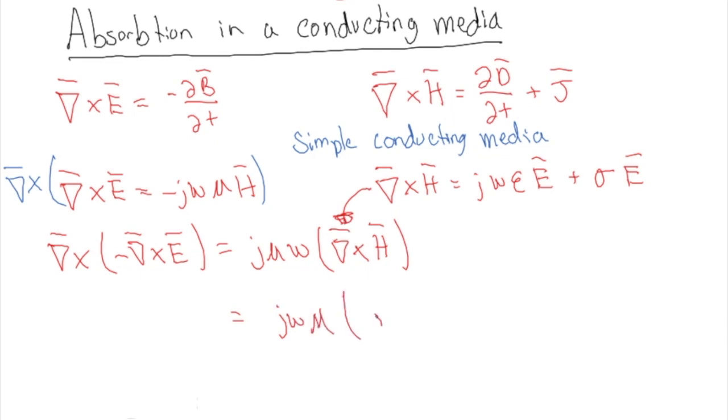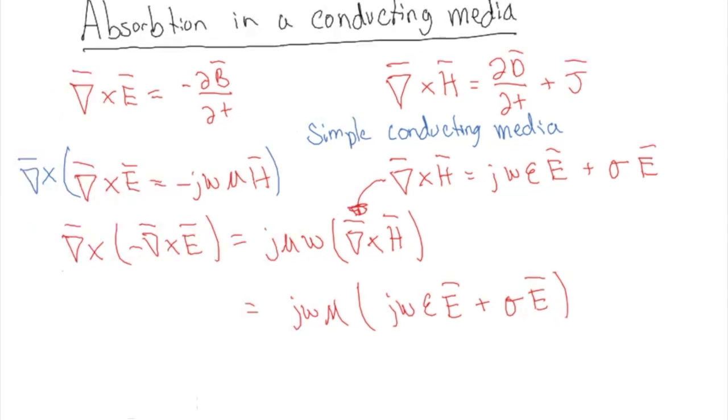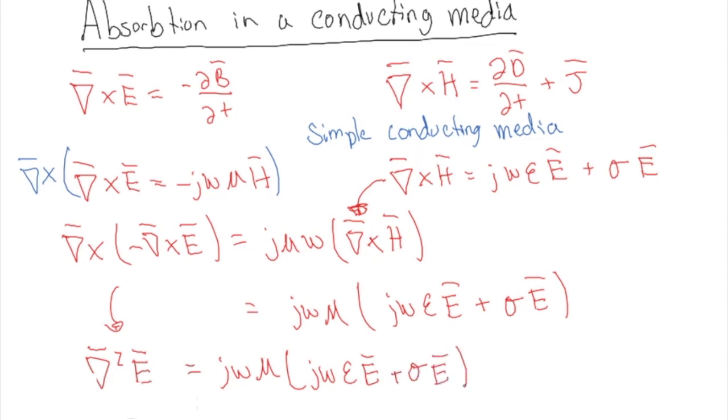So we get our right hand side now equals jωμ times (jωε times the electric field plus σ times the electric field). And now for our left hand side, we can use a vector identity to show that this equals del squared of the electric field. And for our right hand side, this still equals jωμ times (jωεE plus σE).